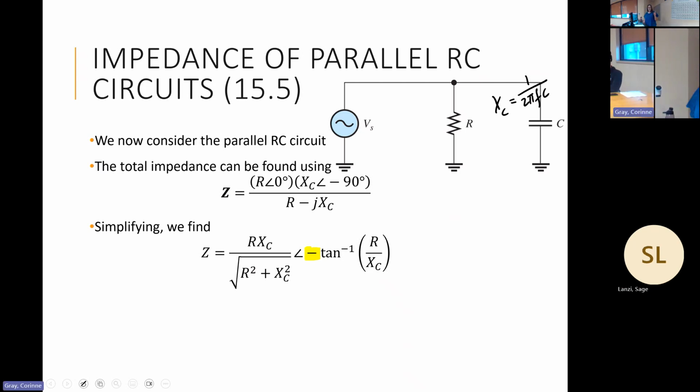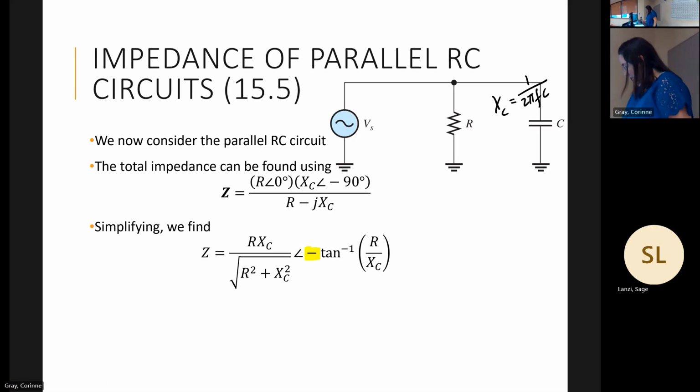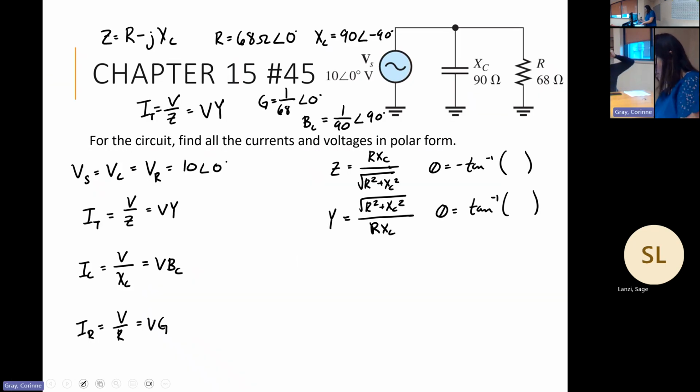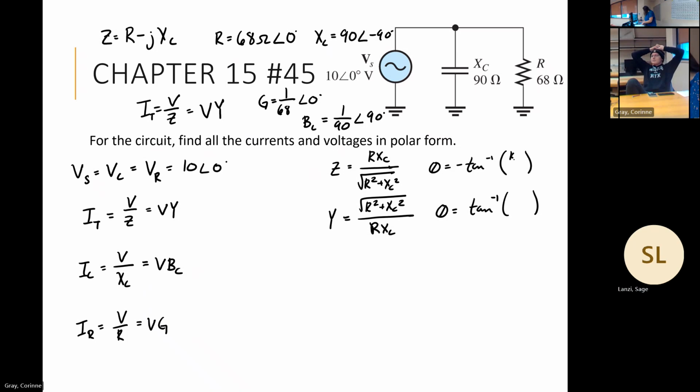So no, for Z it is R over XC for parallel. We have parallel in this case. For series, it's flipped over. Since it's inversed for this one, I'm just trying to double check. Sorry.